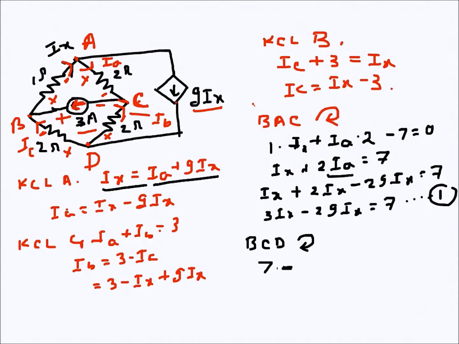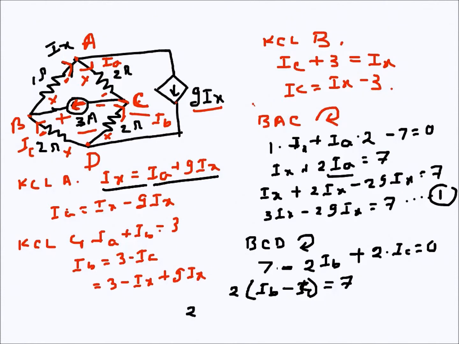So negative 2IB, and then D to C is again a drop, so that's 2IC, that's 0. So it's becoming 2IB minus IC. So let's think that we have taken it to the other side and 7 remains on this side.